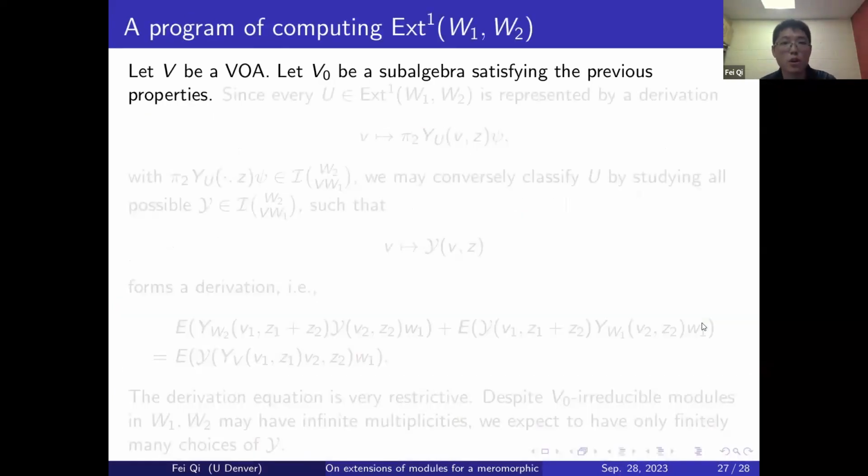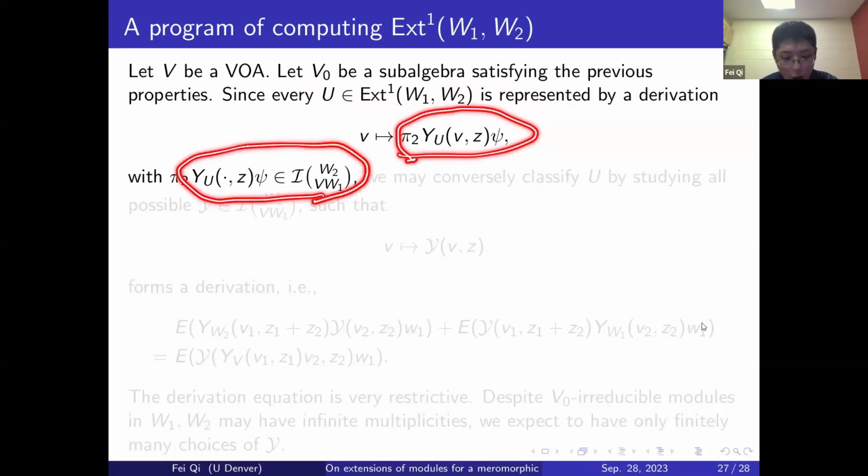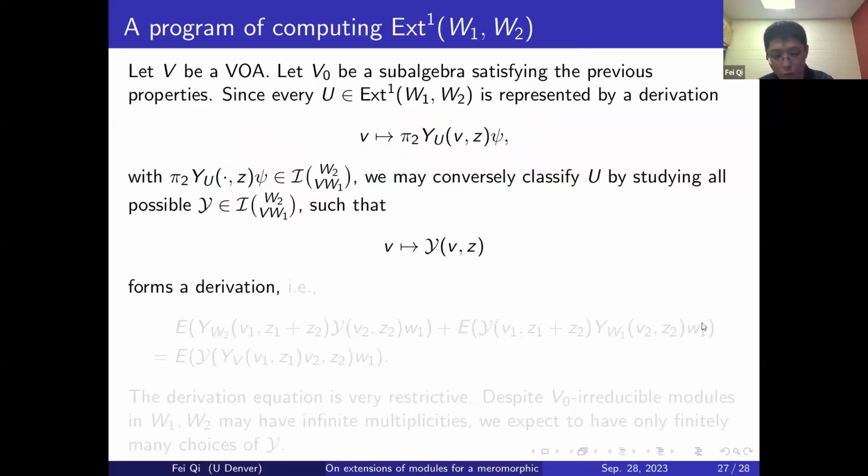All right, so here's a program I should propose for the computation of Ext1 of W1 and W2. Generally speaking, let V be a VOA and let V0 be a subalgebra satisfying all the previous properties. Since every extension is represented by something like this, where these are intertwining operators, we may do reverse engineering.